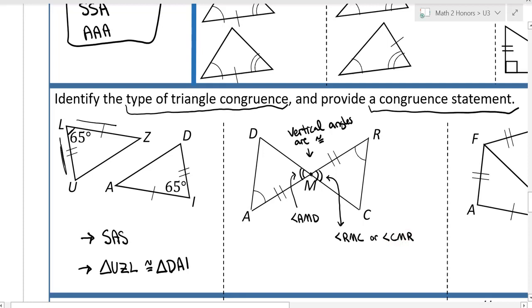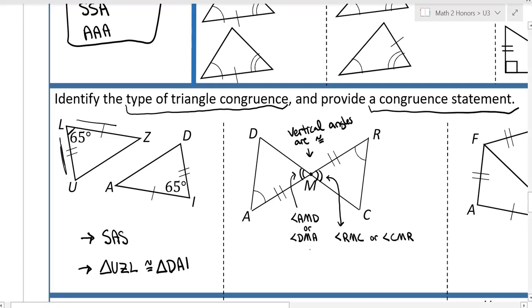You could start at R and end at C, or start at C and end at R. Also, on the first one, we started at A and ended with D. You could also start with D and end with A. So there are 2 ways to write an angle with 3 letters. What's most important is that M has to be the middle letter because of how it's drawn.